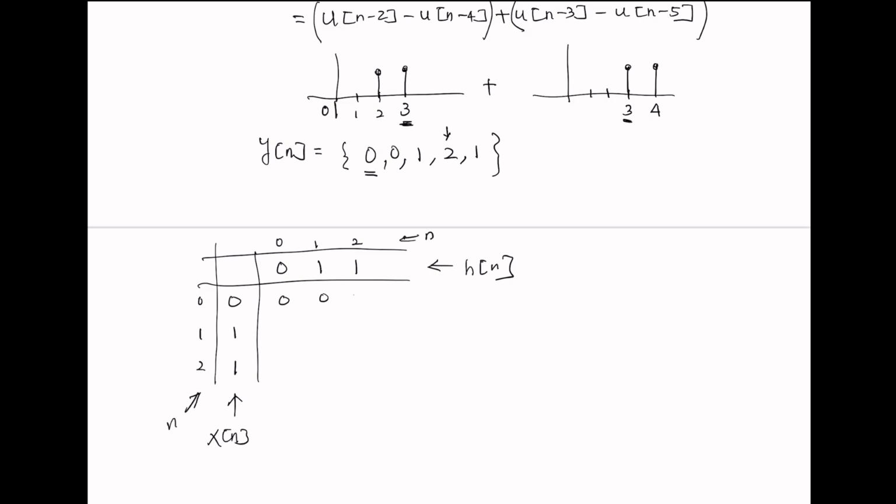Then this portion is going to be 0, 0, 1, 1, 0, 1, 1, and this one is 0 as a diagonal. And then we have a 0 for 1, 3, and 4. Therefore, y of n equals 0, 0, 1, 2, 1. And this is our 0.